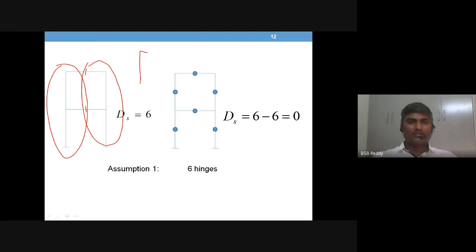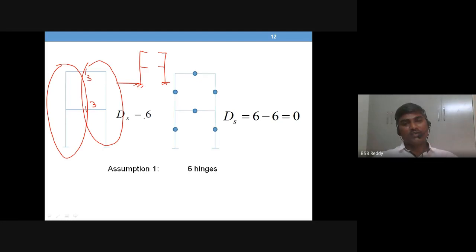So two determinate structures. Right. So you have cut the structure at two locations. Each internal section will have three reactions because it is two-dimensional.